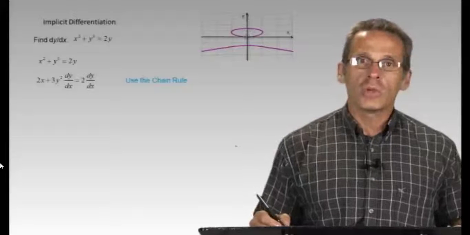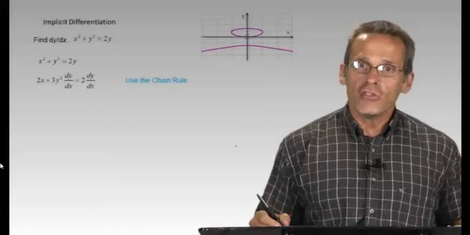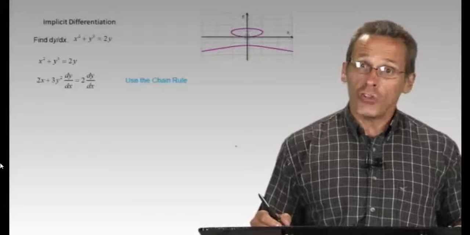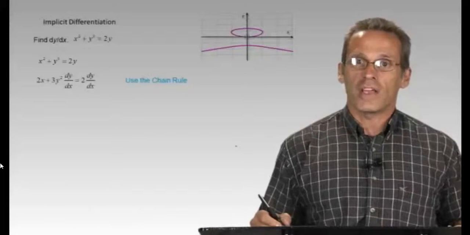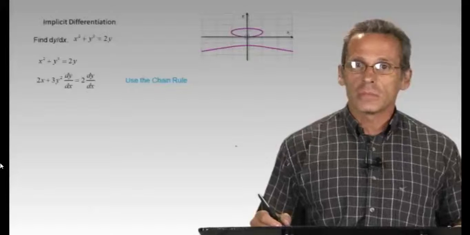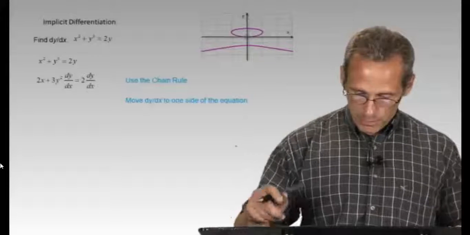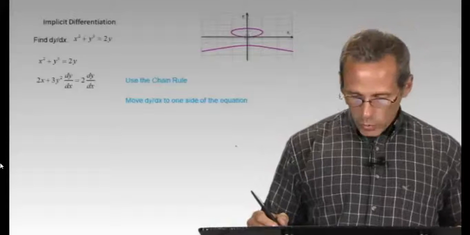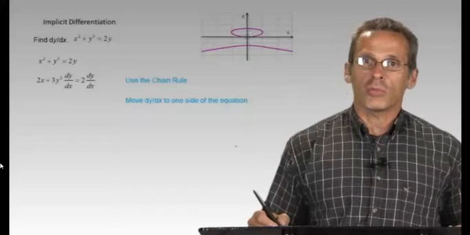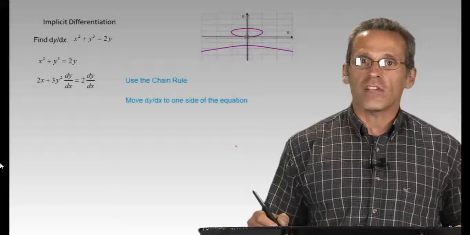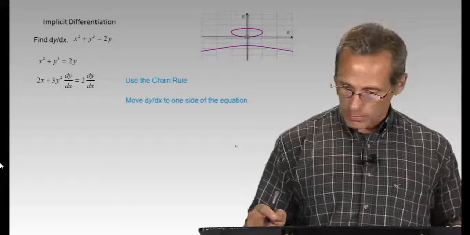Differentiate y cubed, we get 3y squared, chain rule, times dy/dx. Differentiate 2y, and we get 2, but again, since y is a function of x, times dy/dx. What do we do next? Well, we want to isolate dy/dx, so we will move dy/dx so all the terms are on one side of the equation. Any terms without dy/dx are on the other side of the equation.